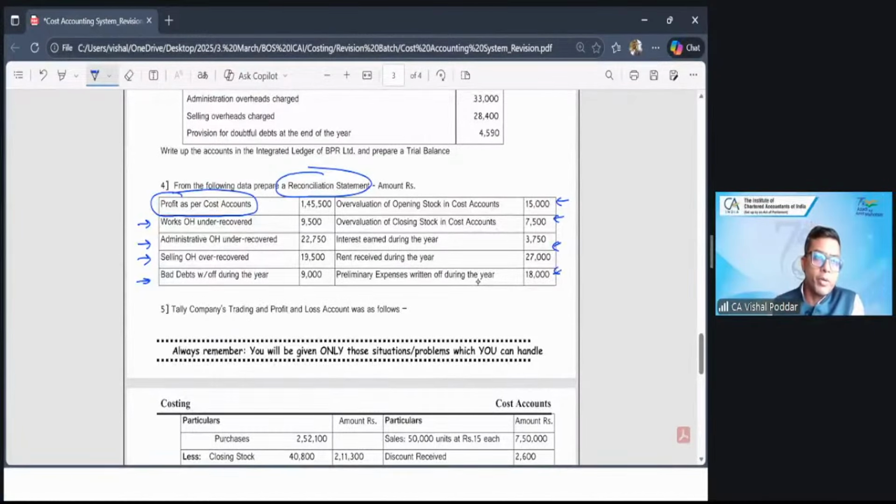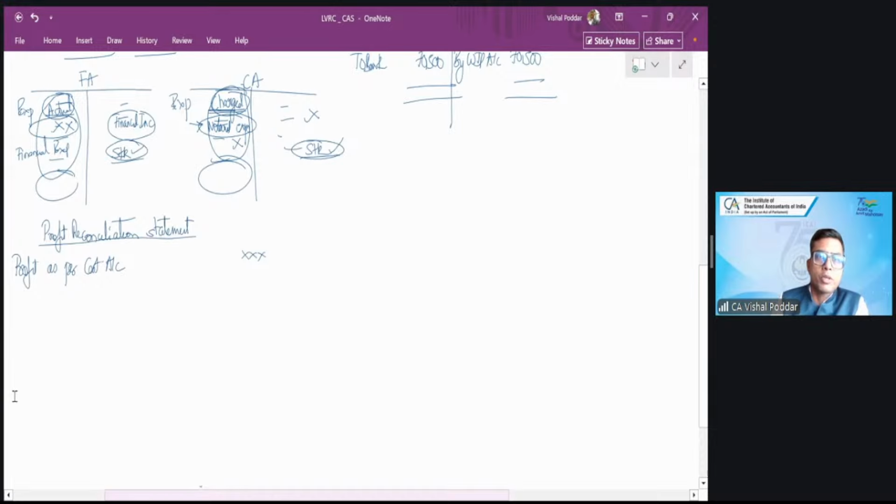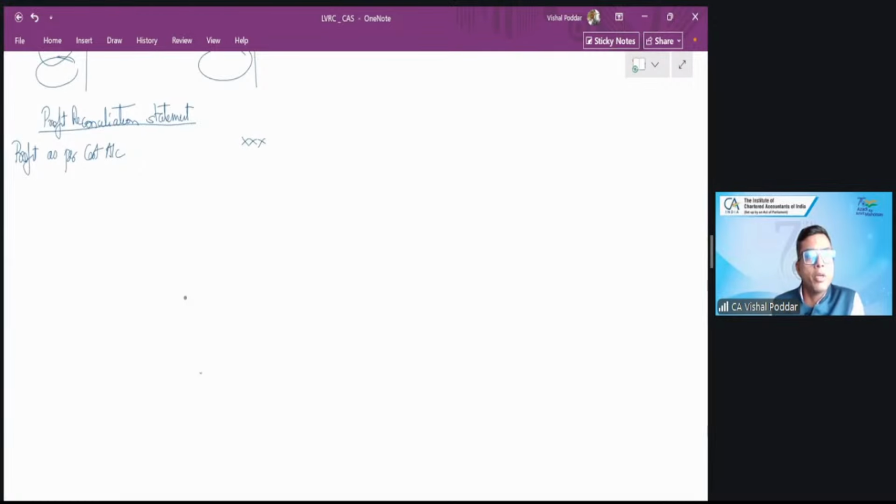So the statement format, we all know. In a statement format, you will take profit as per cost accounting, as given in this question, which is the starting point.